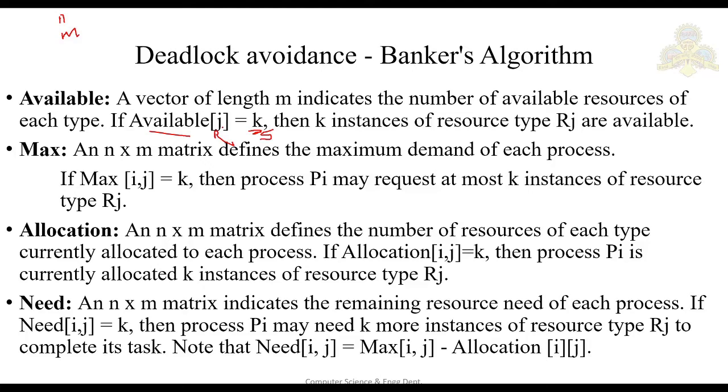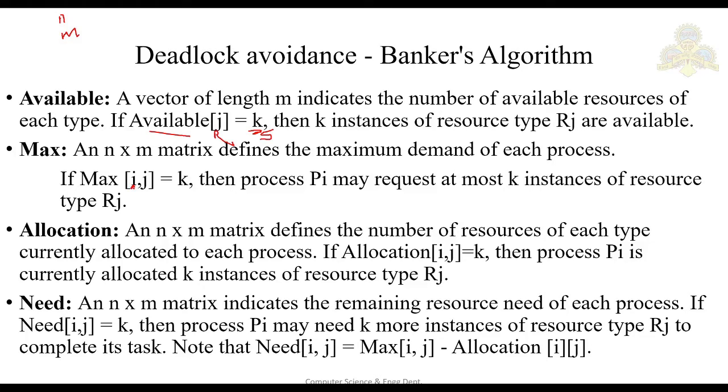Max is the maximum need of a process, the demand of resource types from a process. So we write if max[i][j] is equal to k, then you have a process pi.